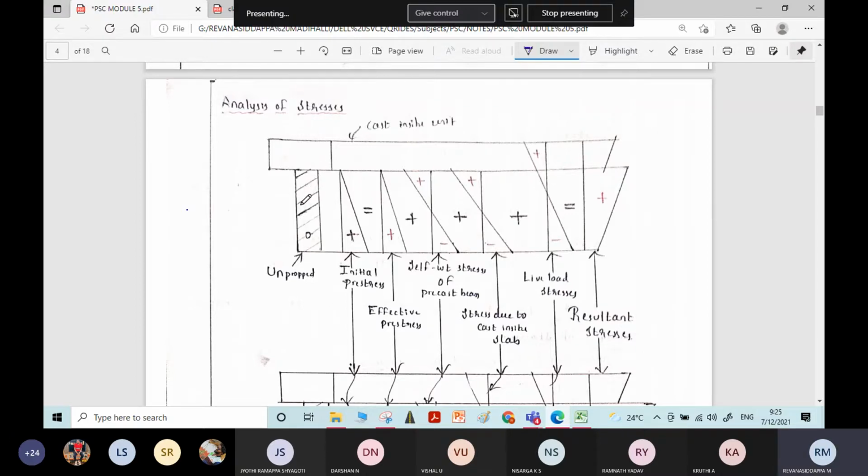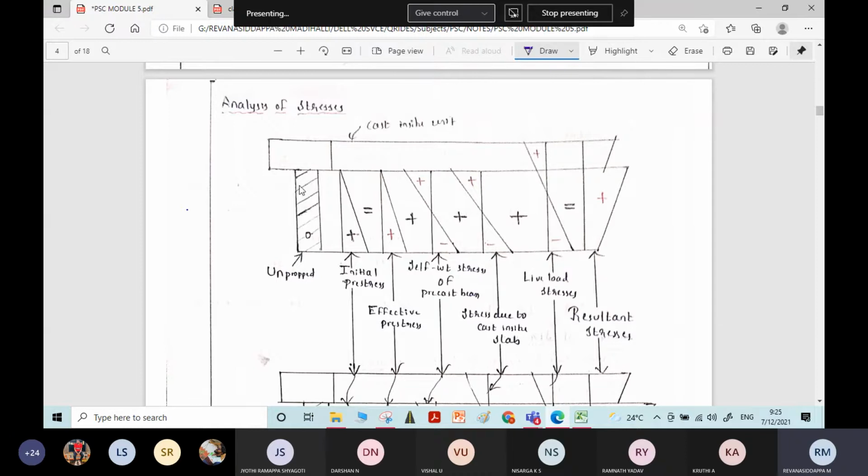For that we will find the stresses due to the self weight of the member, as we used to do in the first module or the third module. Same procedure we have to follow to determine the stresses due to the self weight.